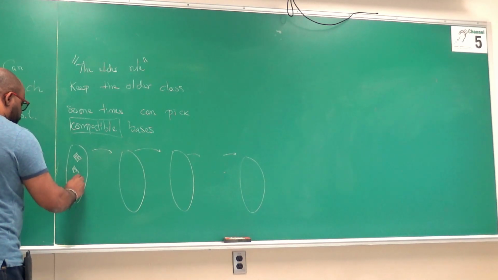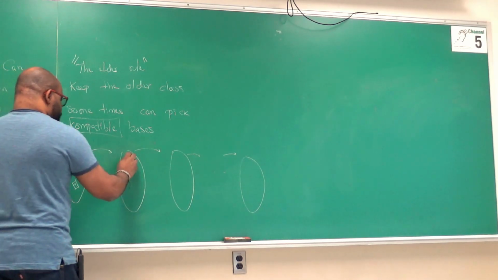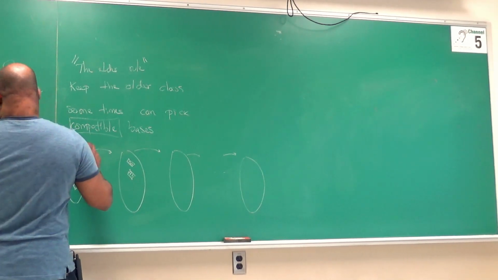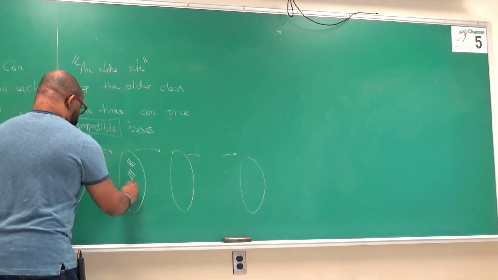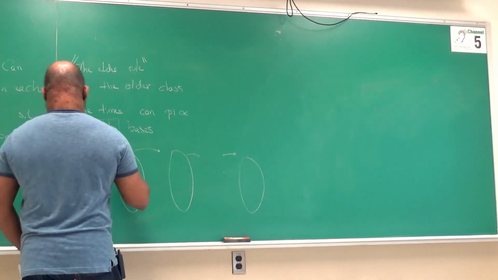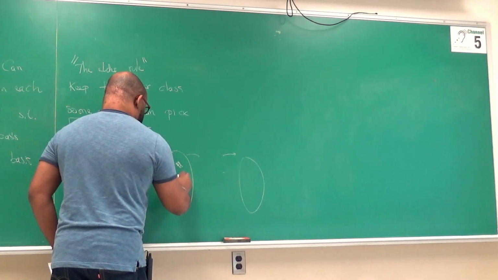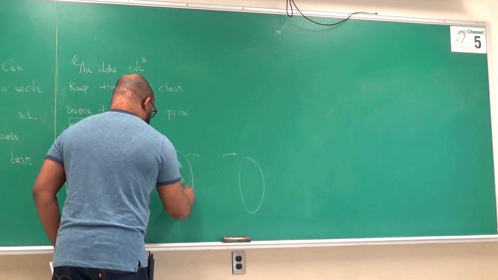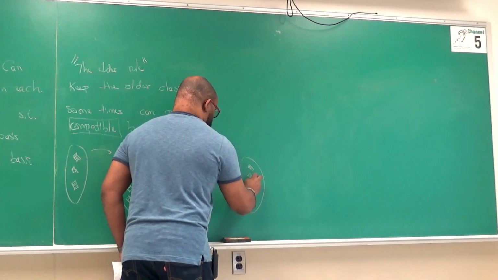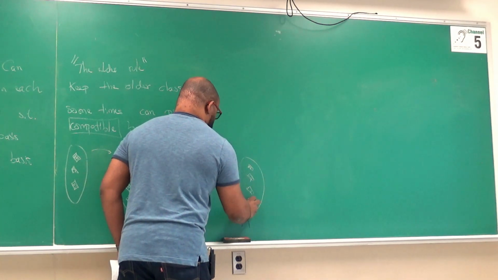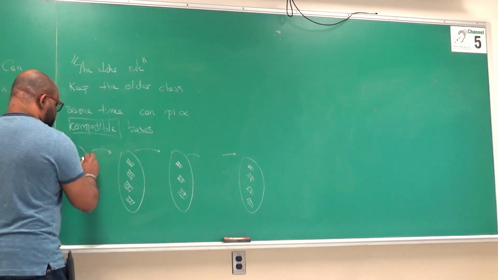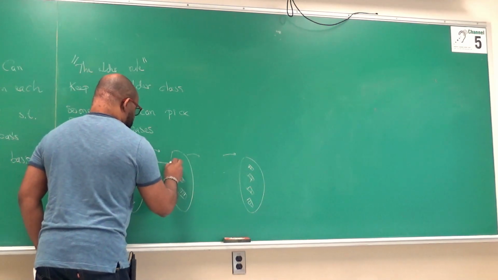So now diamonds instead of crosses. So I have 4 of these guys in here. Then I have 3 of these guys in here, in such a way that a basis element now goes to a basis element.